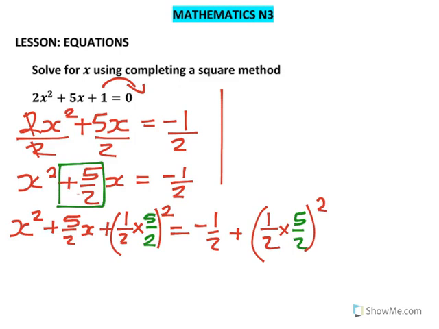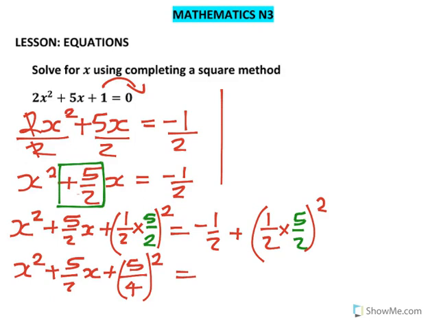That's what we mean by completing a square. When you have done that, you can simplify what is in the bracket. So you have got x squared plus 5 over 2x plus 1 times 5 over 4 squared, don't remove the square, is equal to minus 1 over 2 plus 5 over 4 squared.